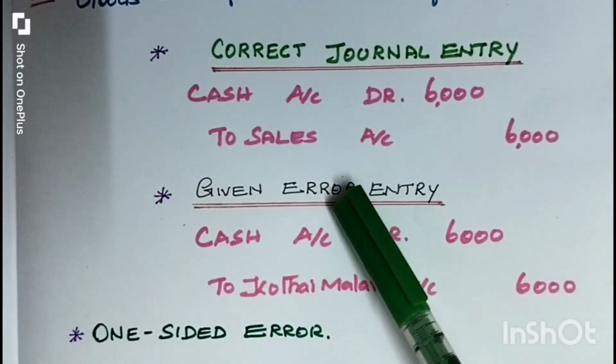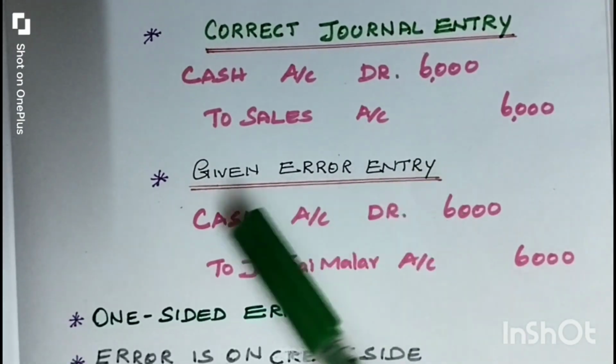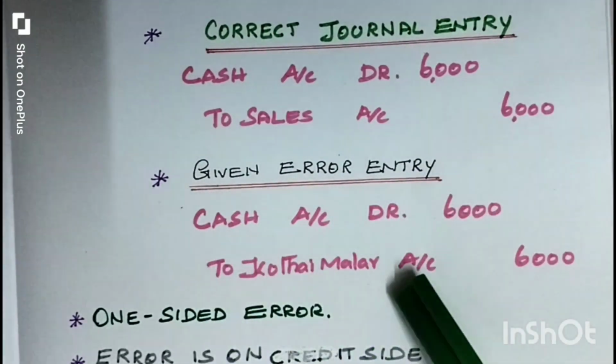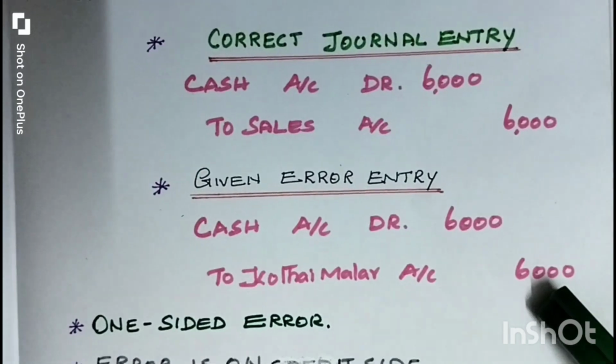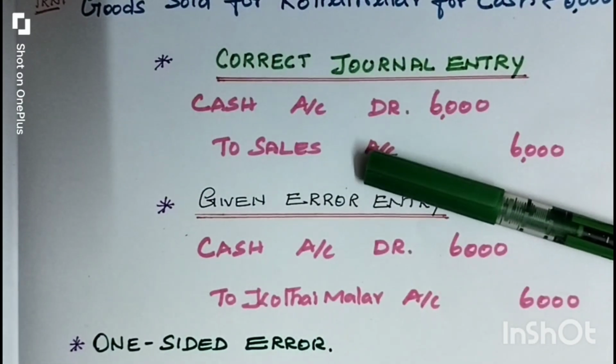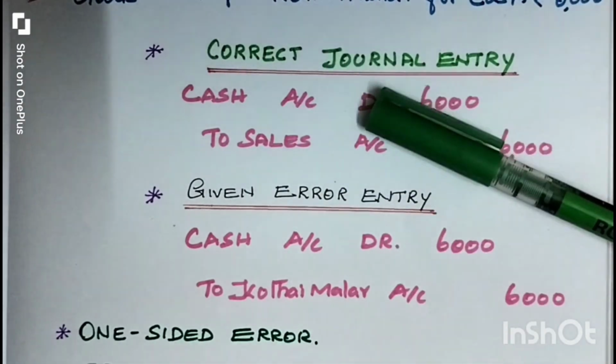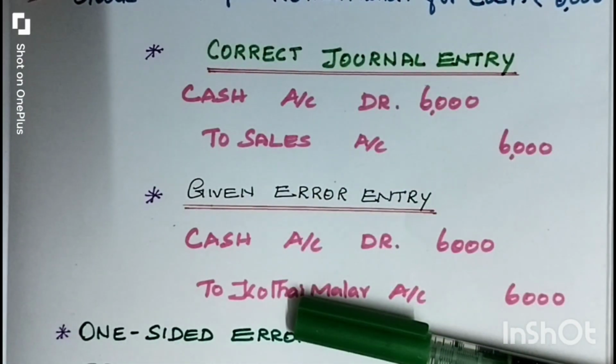What is the wrong entry given in the question? Cash account debtor 6,000 rupees to Kodai Malar account 6,000. How can you find the error? We can find the error only by comparing both journal entries.